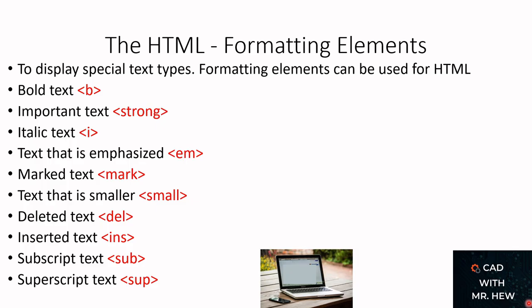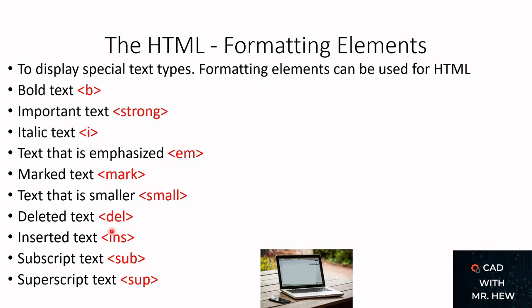Marked text can be formatted using the left angle bracket followed by the word mark and then the right angle bracket. For text that is smaller, we can use the left angle bracket and the word small and then the right angle bracket. Deleted text, we can use the word DEL in the left angle bracket and right angle bracket.